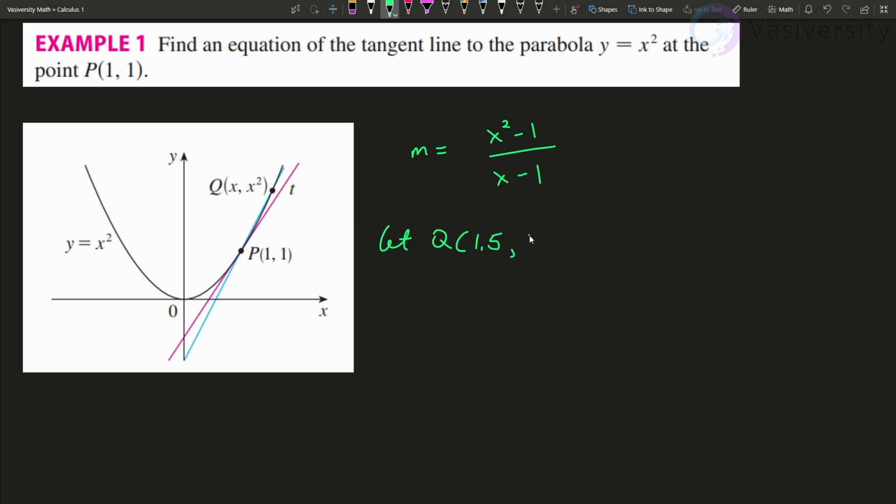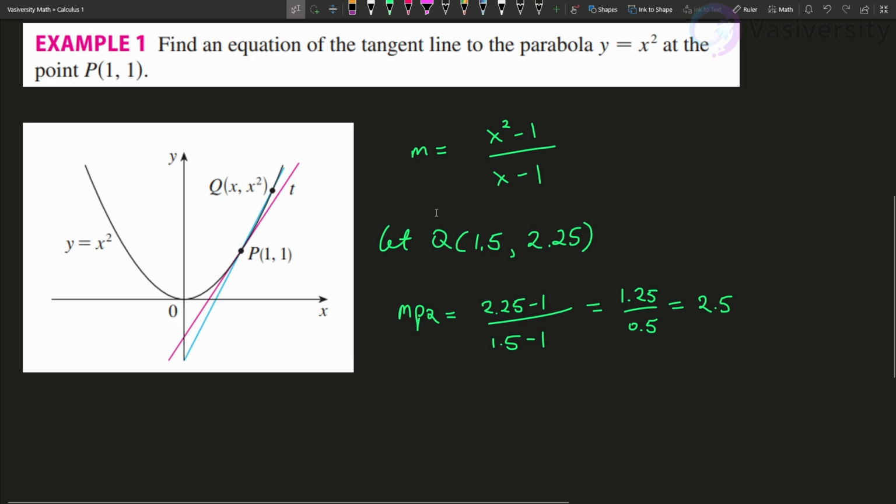If we plug in 1.5, it's going to be 2.25. Then the slope of PQ is going to be equal to (2.25 minus 1) divided by (1.5 minus 1). That's 1.25 over 0.5, which is equal to 2.5. So essentially the slope here is 2.5. And remember, the definition of slope is rise over run.